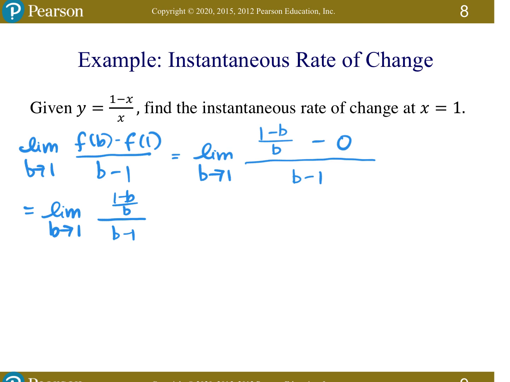Instead of having 1 minus b as a numerator and then having a single denominator of b and then having another denominator of b minus 1, how do we get around that algebraically? Andre? Yeah, that's going to be a much better way for you to approach that. So you're going to want to multiply by the reciprocal. So this should turn out looking like 1 minus b over b multiplied by the reciprocal, 1 over b minus 1.